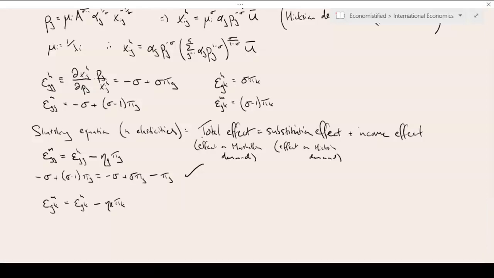And again, we see that that is exactly what we have up here. So this was sigma minus 1 pi_k, and this was sigma pi_k, and eta being 1 is just minus pi_k. So again, that's correct.